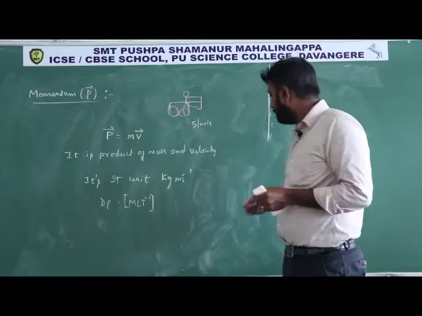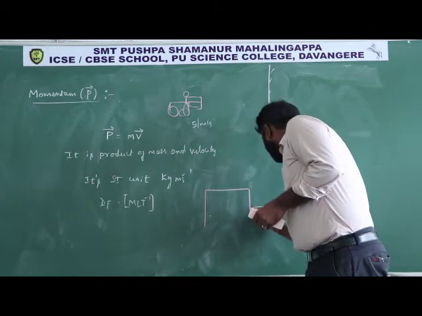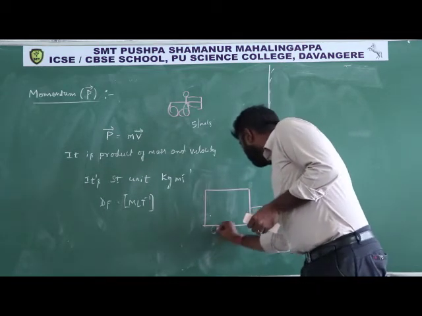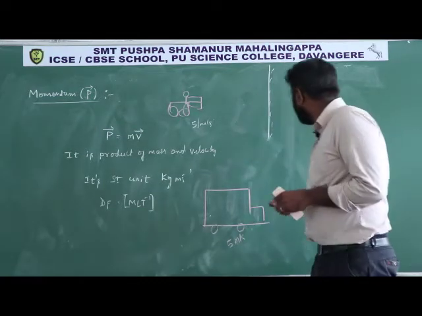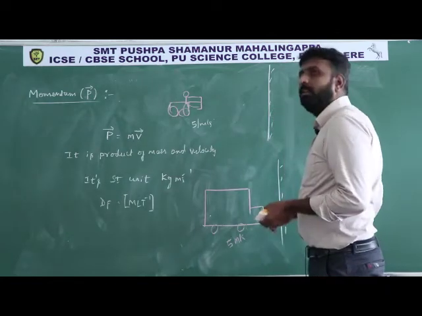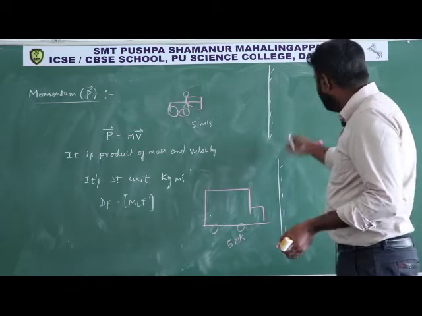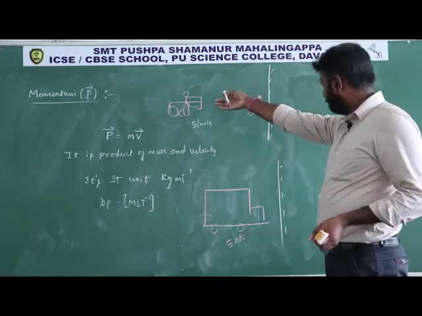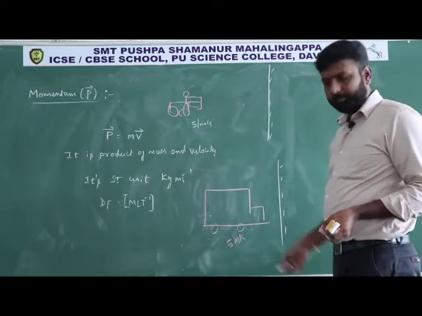Now imagine another situation. There is a truck, also moving with 5 meter per second, and it collides with the same wall. In this case also there will be some impact on the wall, but compared to the bicycle, the impact on the wall is more.